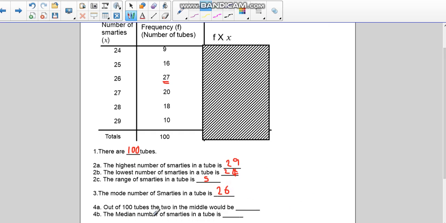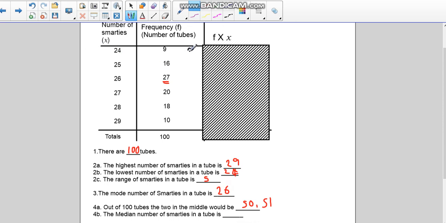So, out of 100 tubes, the 2 in the middle would be, half of 100 is 50, so I'm looking for the 50th, but remember, because it's an even number, there'll be 2, so 50 and 51 are the 2 in the middle. So I've got to work out where 50 and 51 are. There were 9 tubes with 24 Smarties in, so I'll have 9 24s.